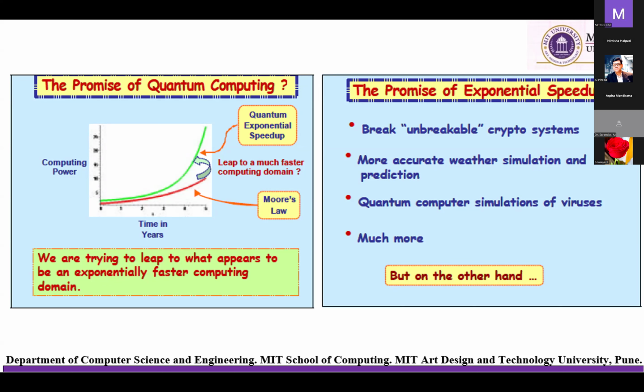Very promising. This image hints at quantum computing offering exponential speedup that could have a far-reaching impact in computing, cryptography, weather predictions, and more. But it also raises the challenge of the unknown aspects of this leap.